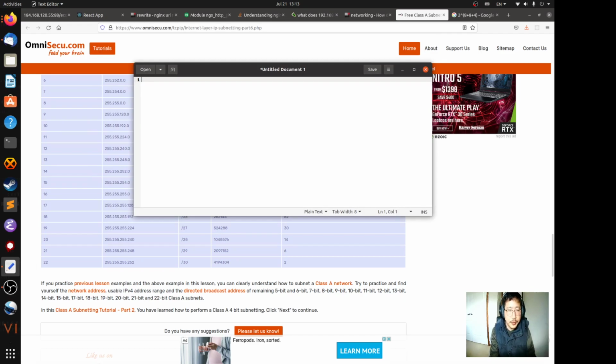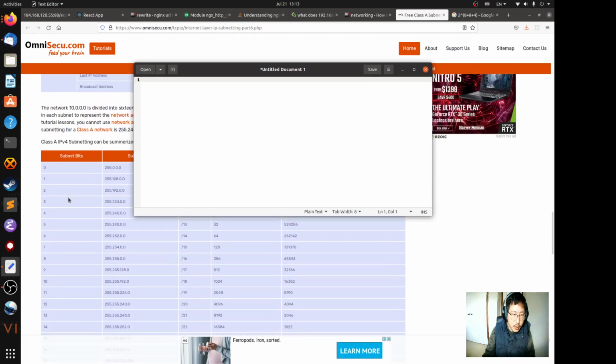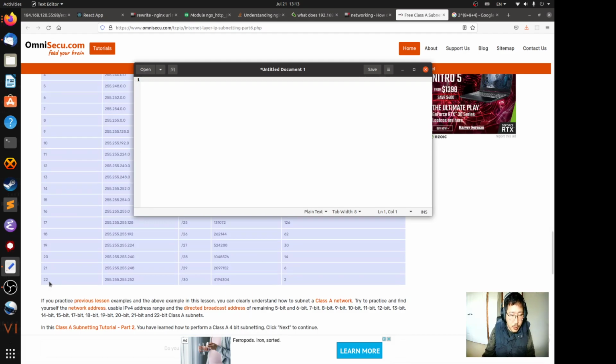Do you know why the maximum subnet bits you can borrow is 22? We start from here because it's a Class A, so the maximum we could borrow, I guess, is 24 bits, 8 times 3.